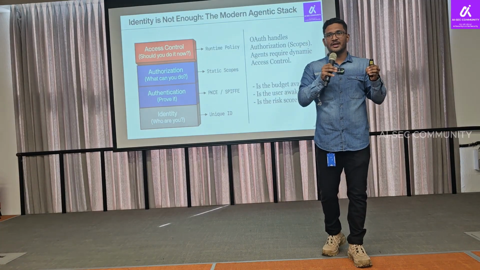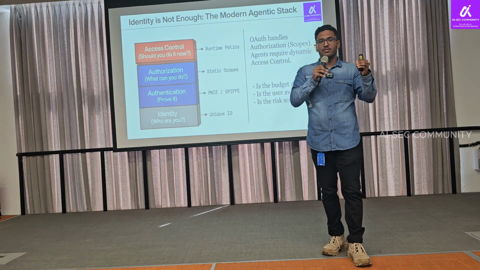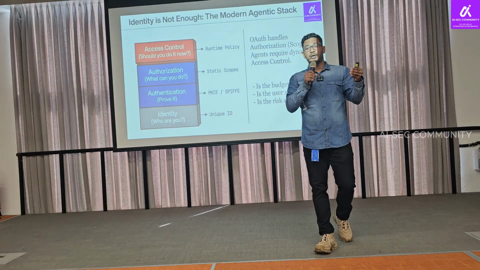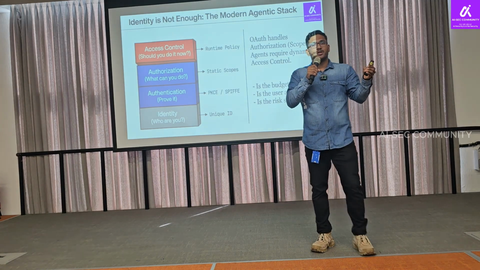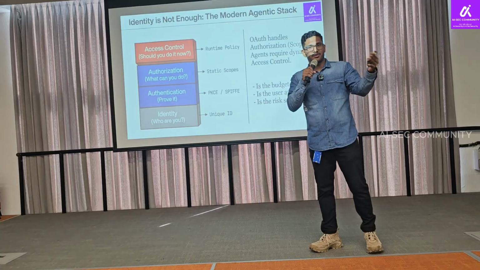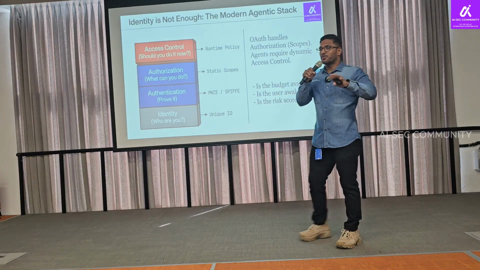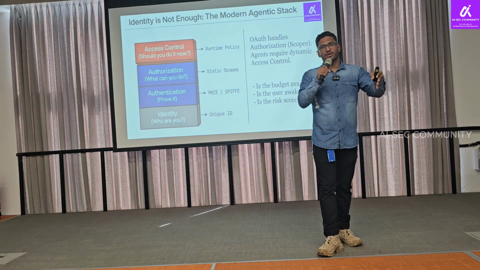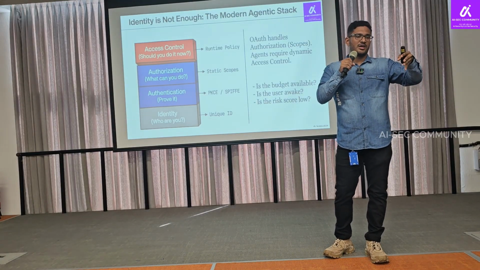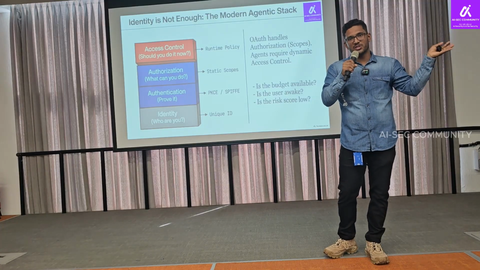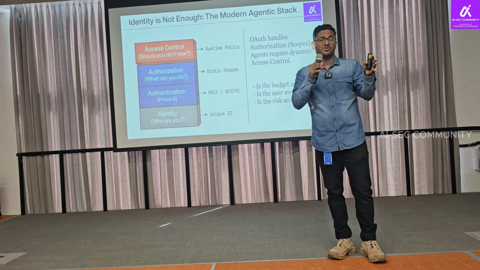When they're creating intents, they keep changing, based on the current research that they do, based on a certain web page, etc. So they're not human-given requests that are being forwarded, they're intents that are being dynamically generated. So static scopes won't work. For example, even though you've given the agent a 50,000 budget, it keeps overspending. At that point, if it wants to perform a different task, static scopes will not work.